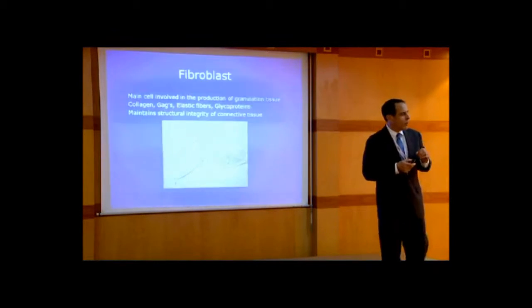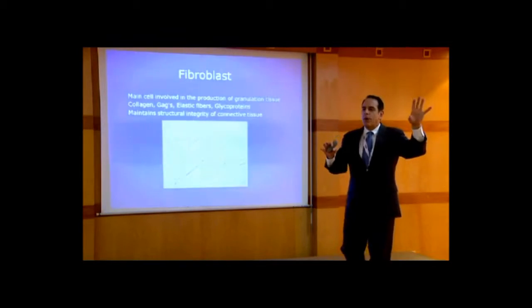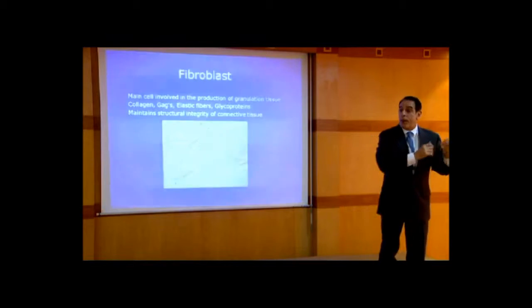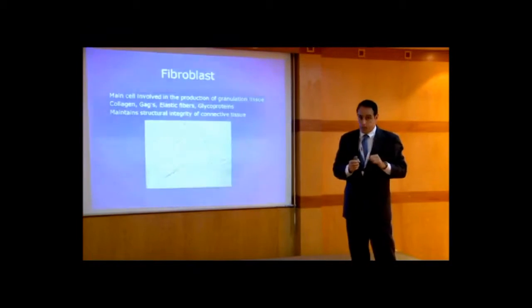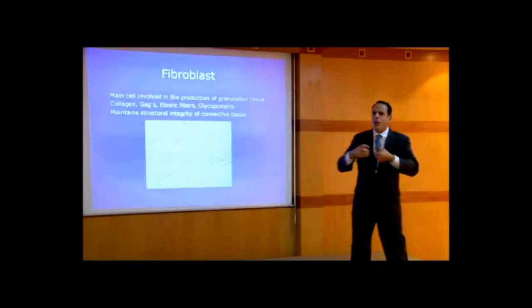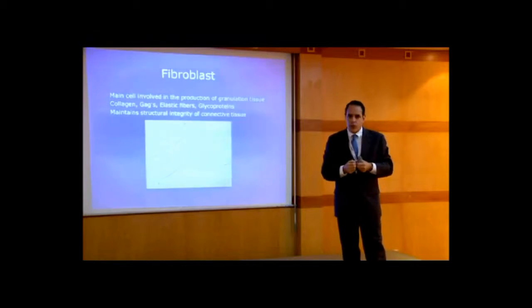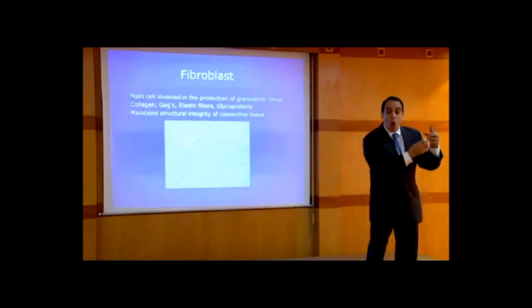So what's stroma? We see some organs in the body have two major components, the stroma and the parenchyma. The parenchyma, I'll give you an example, let's talk about the lung. The parenchymal structure of the lung is the alveoli, where you have the gaseous exchange. But the alveoli have to attach to the stroma.